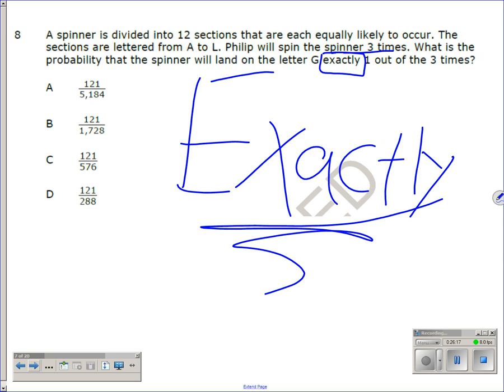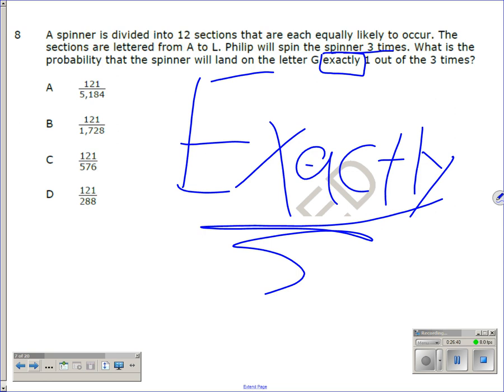Exactly 1 out of 3 times. I think that word is kind of important. You go to the second VARS, which is the option we pick. Oh, it's PDF, binomial PDF.